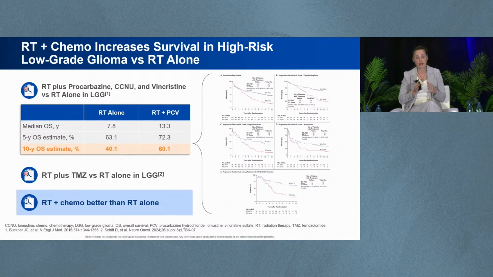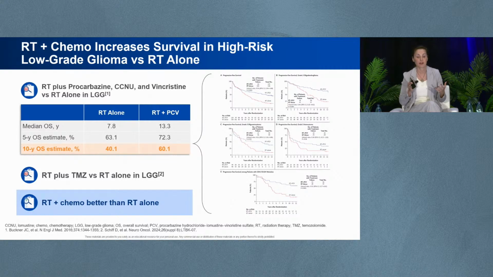For low-grade glioma patients who are high risk at diagnosis, we know, based on the results of two large trials, RTOG 9802 and the ECOG-ACRIN E3F05, that addition of chemotherapy to radiation significantly prolongs survival versus radiation alone.